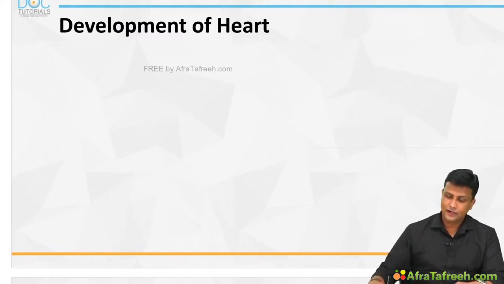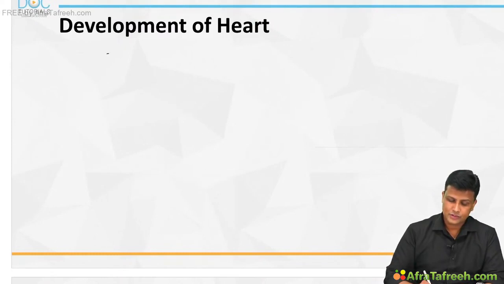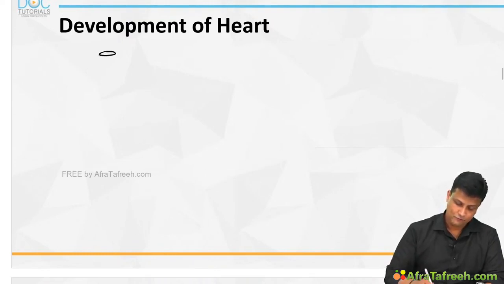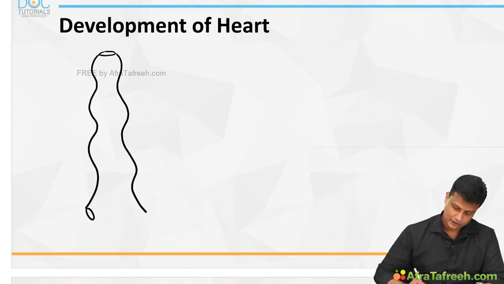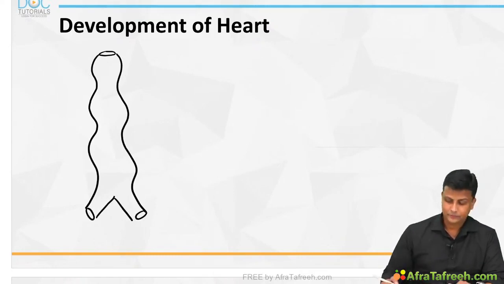Now in the development of the heart, I hope you have seen there will be two heart tubes, and those two heart tubes are fused cranially. Fine. And then in that heart tube there will actually be three dilatations present, guys.